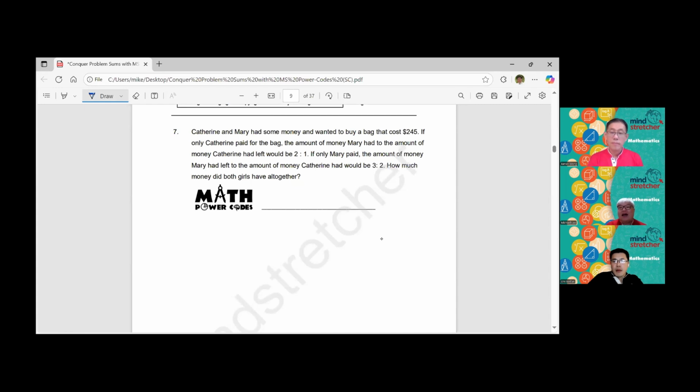This is a ratio question, but in ratio there are also different power codes, like total unchanged, unchanged difference, repeated identity, and so on. For this one, the power code we are using is total unchanged.